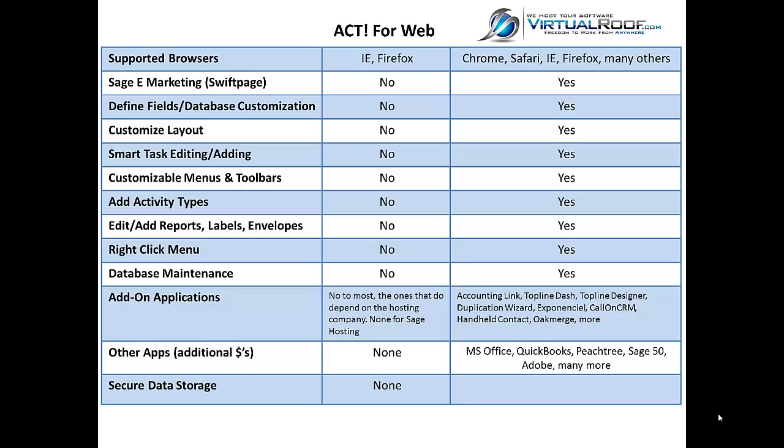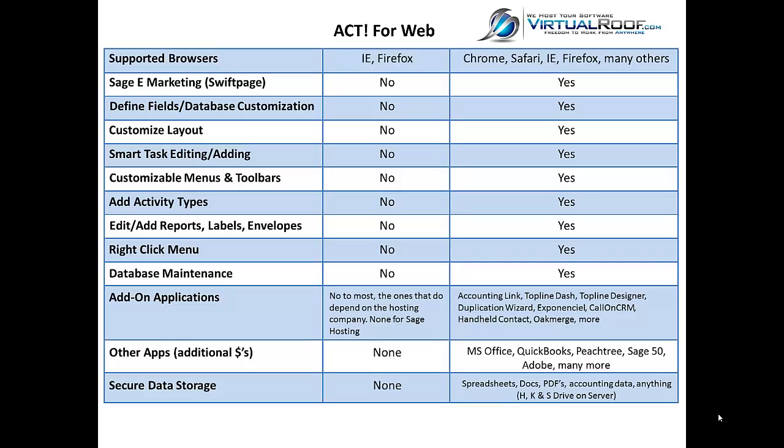We provide you space on our server where you can store all kinds of files. We actually give you 3 drives, H, K, and S, and you can store spreadsheets, documents, PDF files, accounting data, anything you want on those drives. Some of those drives are personal private drives to you, and some of those drives are shared drives that you can share with other members in your organization.